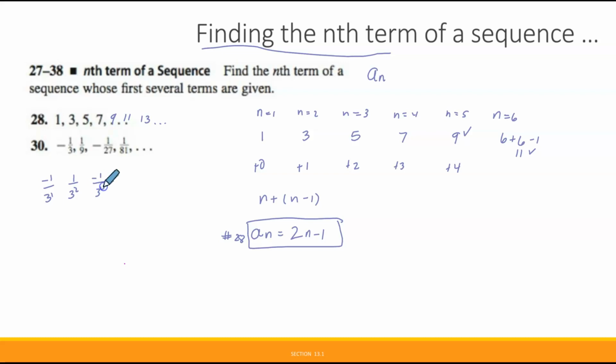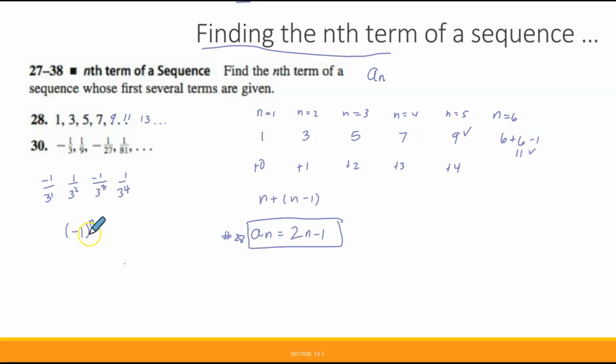If we put it into our calculator, 3 to the fourth is 81. The next one would be 3 to the fifth.